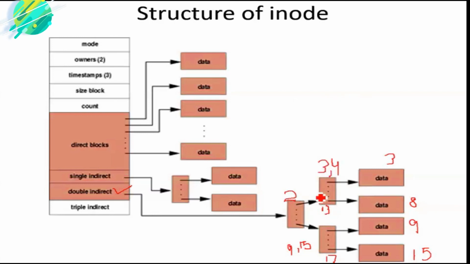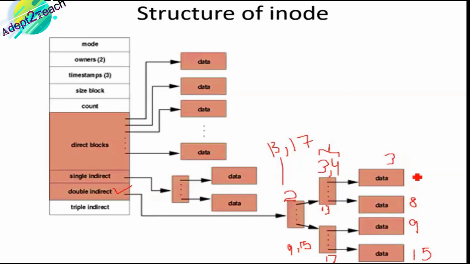Now the indirect link says you are directly pointed to location number 2, which stores the locations of two pointers, location number 13 and location number 17. So these are two indirect pointers. First you go to pointer number 13. It is again storing the locations of two pointers, 3 and 8.